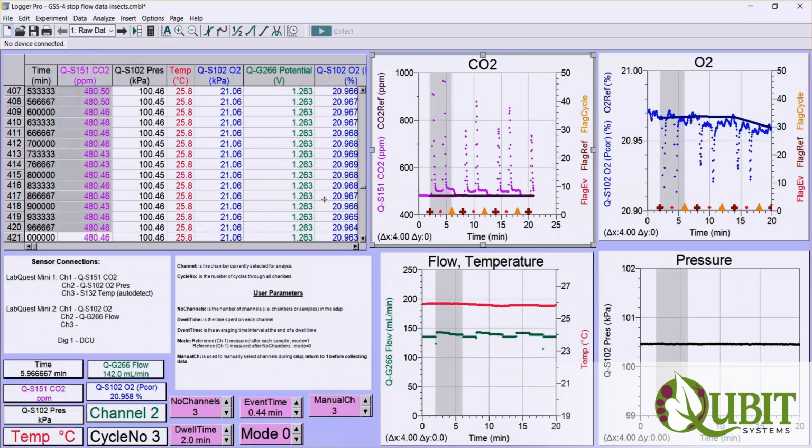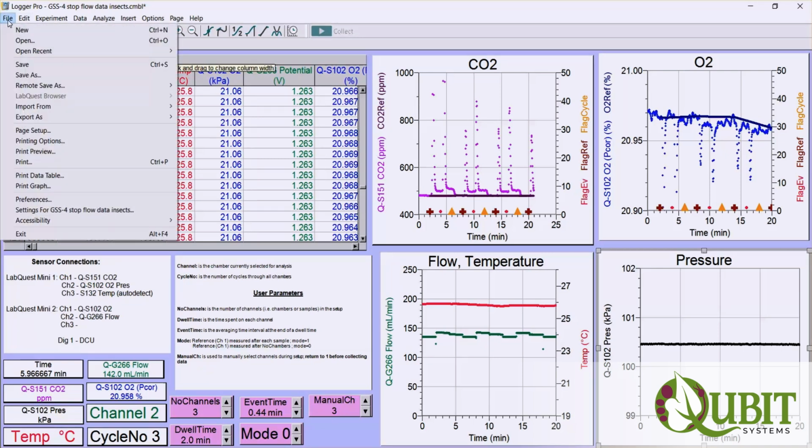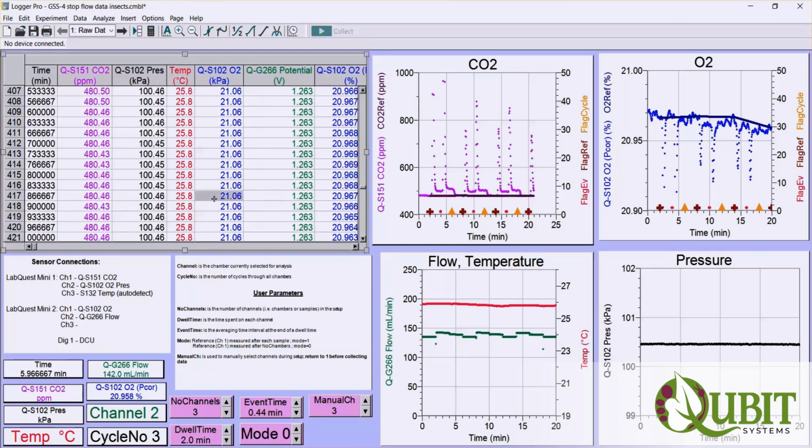A couple of other things I want to mention: when running these experiments in Logger Pro, it's really important that you periodically save your data, because Logger Pro doesn't save data automatically. You have to manually go to File and Save As, or Save if you've already named the file, while the data is being collected. If you're doing experiments that run over a few days, I highly recommend that you save the data every day.